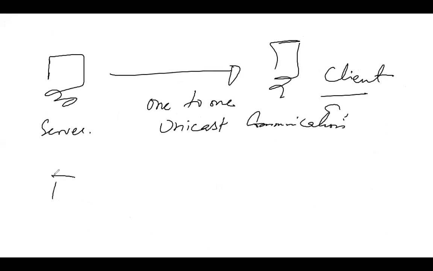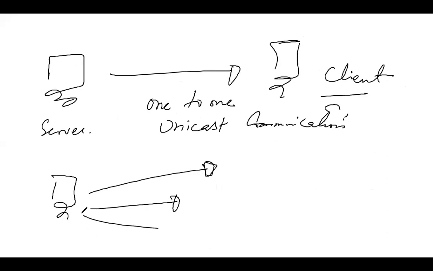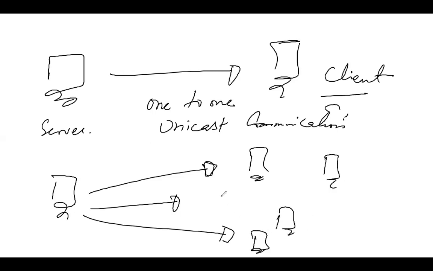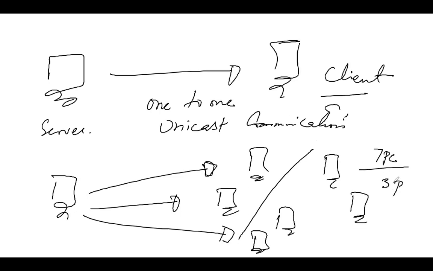And another one is one-to-many. For example, look at this. This is a network of 7 computers, and he is sending to only 3 or 4 PCs.